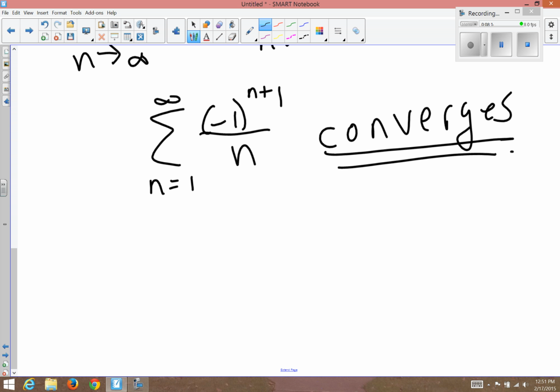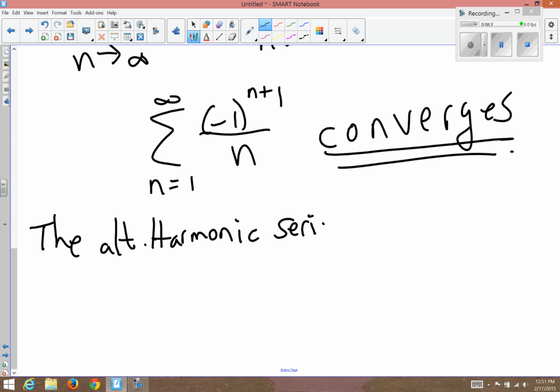So here's some important vocabulary. The alternating harmonic series converges. We proved that using the alternating series test.